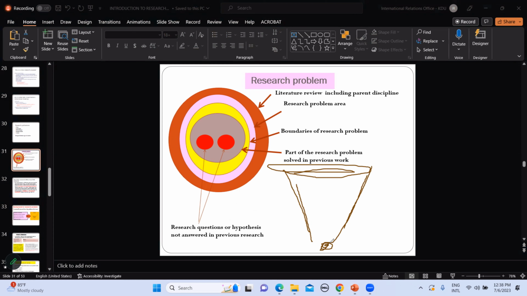You understand, students? I can explain because my area is environmental engineering. Let us say wastewater treatment. At the very beginning, I am in the waste management program, and then wastewater treatment.